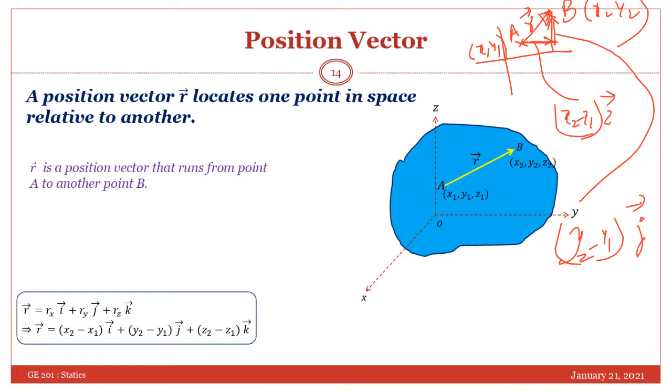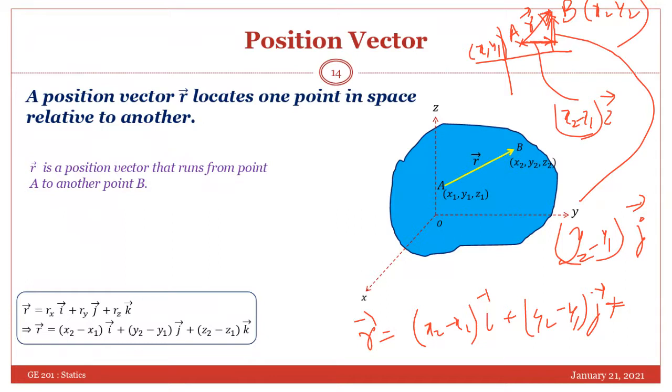Okay? So your vector R will be (x2 minus x1)i plus (y2 minus y1)j plus this. If the problem is a two-dimensional problem, your coordinates will only be x1, y1, x2, y2. But if your problem is three-dimensional, then you will have a third coordinate also.